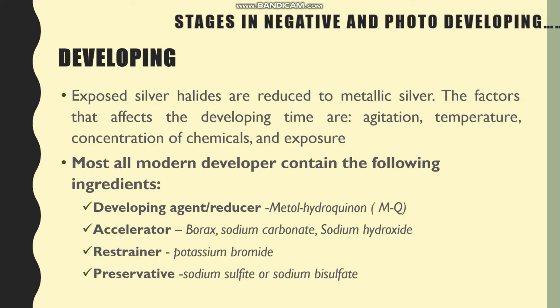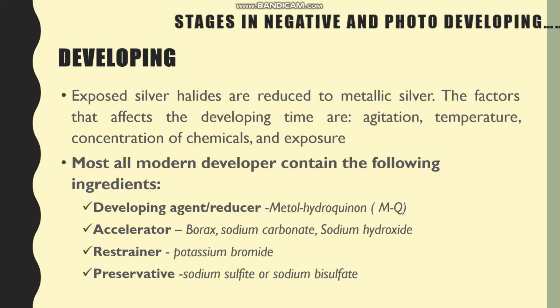Para mas mapalambot yung gelatin, diba? Yung top layer natin, yung emulsion layer natin, nang sa ganun mas mapabilis yung penetration ng ating reducer or yung developing agent na tinatawag natin, which is the main ingredient para ma-reduce natin yung silver halide crystals into metallic silver at lalabas si visible image.